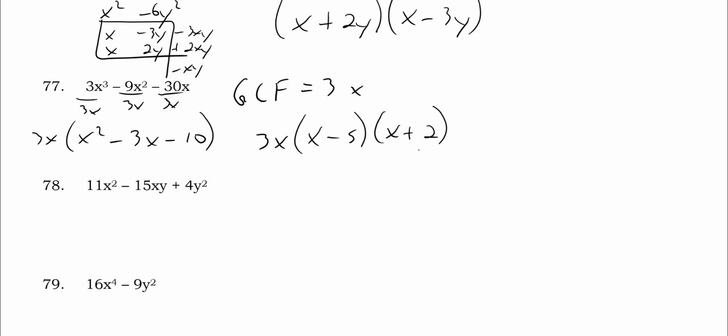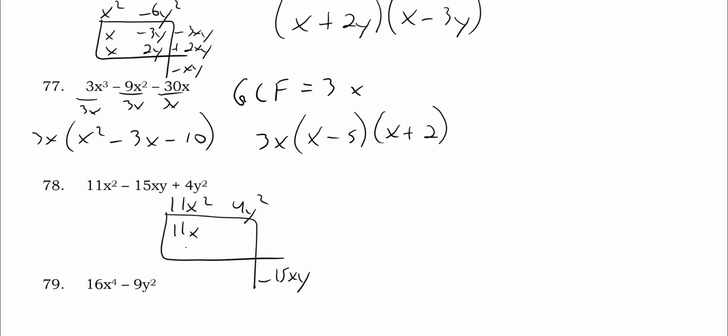Okay. 78, we'll draw a factor box for this one. It's looking a little scary. 11x squared, 4y squared, negative 15xy. So 11x and x, and negative 1 and negative 4. That gives you negative 11, that's negative 1y and negative 4y.